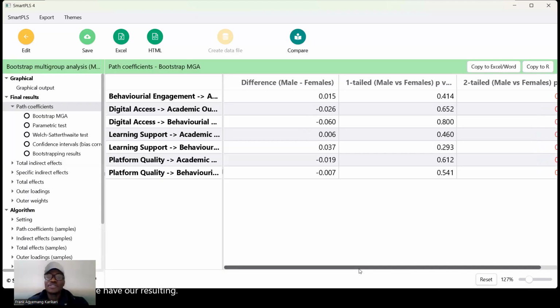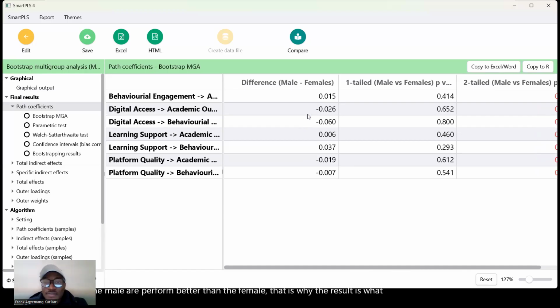Now, is there any significant difference between male and female? Whenever you have this is a positive relationship, and this is negative. Now, if you have positive outcome, it means that the male perform better than the female. That is why the result is positive.